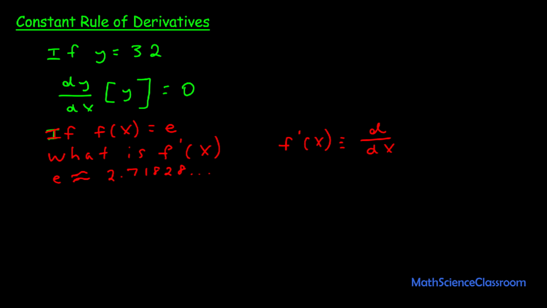The digits continue to infinity because this is an irrational number. But even though it is irrational, it is also a constant. Therefore, f prime of x equals 0.